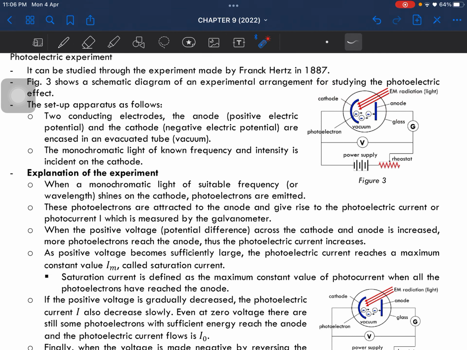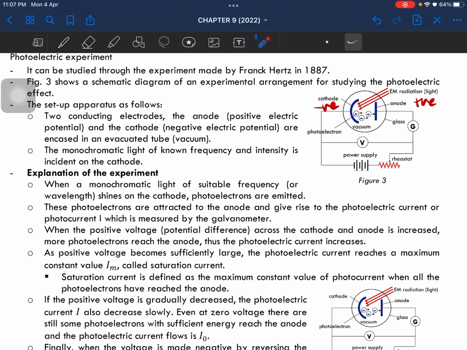So cathode is the negative electric potential, so this is negative, and the anode is the positive. Okay, so they are both encased in an evacuated tube, which is vacuum. Okay, so the monochromatic light of known frequency and intensity is incident on this cathode here.